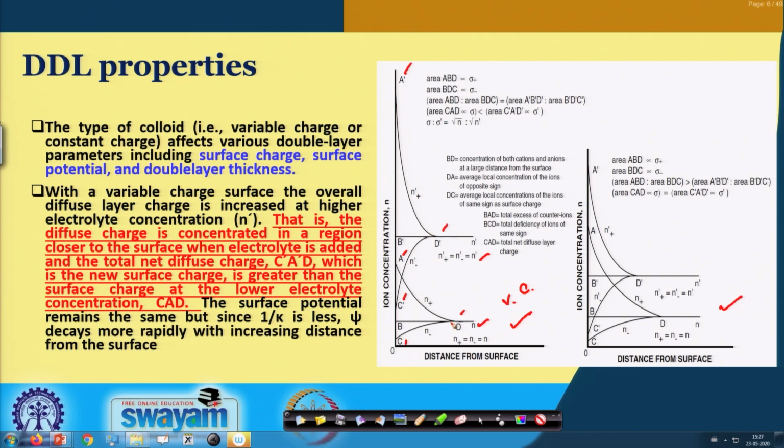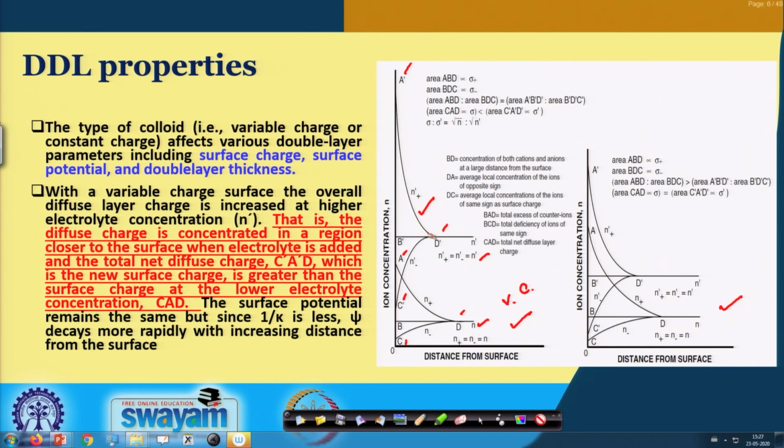But one thing is clear: by increasing the electrolyte concentration, 1 by K, the reciprocal of the thickness, becomes less, and as a result the psi, or surface potential, decreases more rapidly with increasing distance.